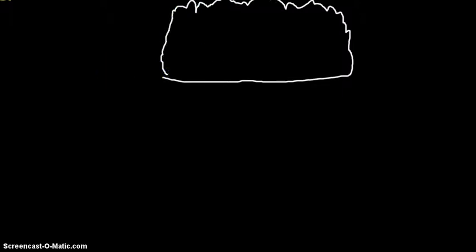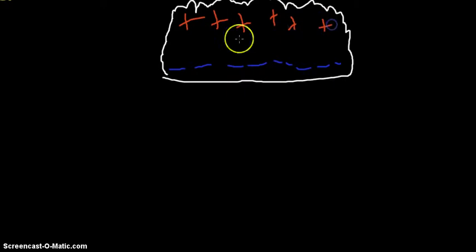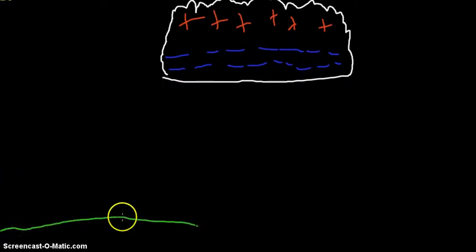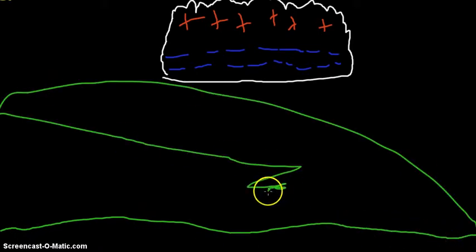I'm just drawing a really small one. It's much larger than that. And we have the negative on the bottom and the positive on top. And so what happens is it's very similar. It's the same process as the negative lightning, but the exact opposite.